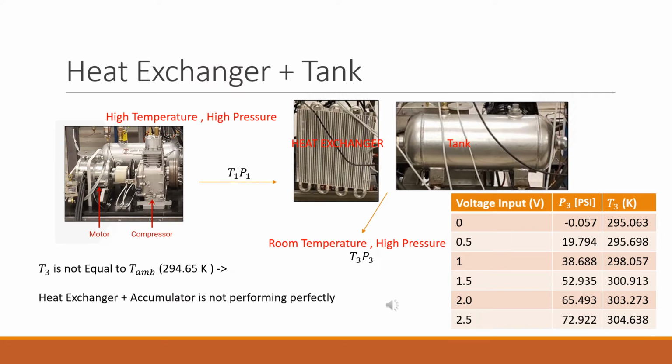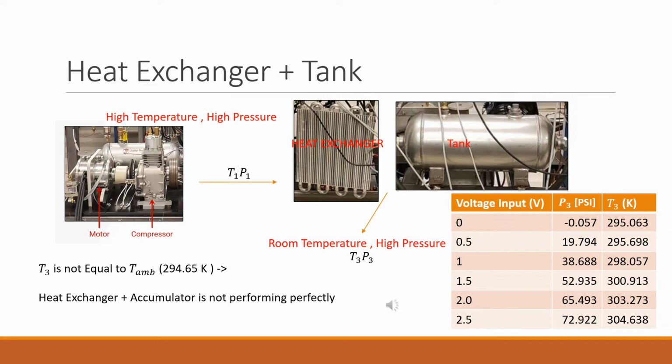The first key system to look at for the refrigeration cycle is the heat exchanger accumulator tank subsystem. The role of this subsystem is to transform high pressure, high temperature air from the compressor to high pressure room temperature air output. Performance of this system was first evaluated by comparing the output temperature, which should theoretically be close to the room temperature.